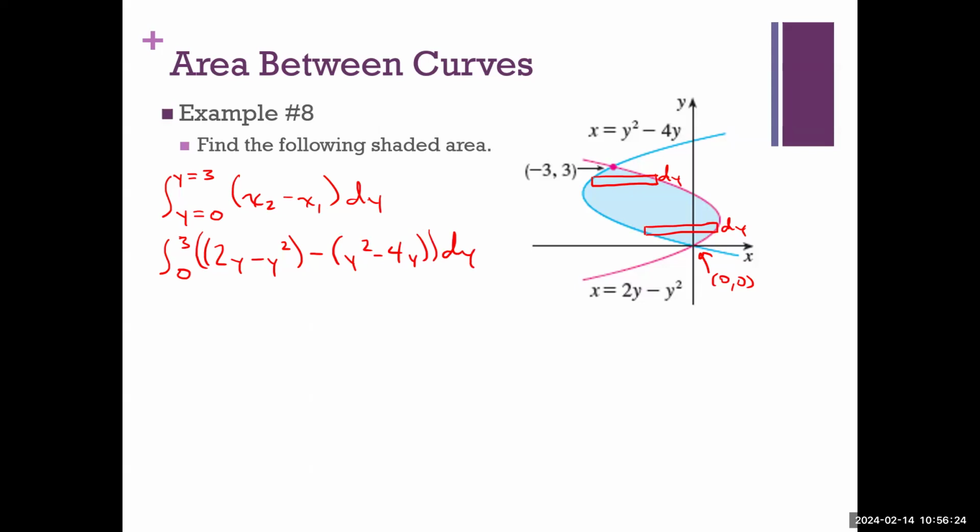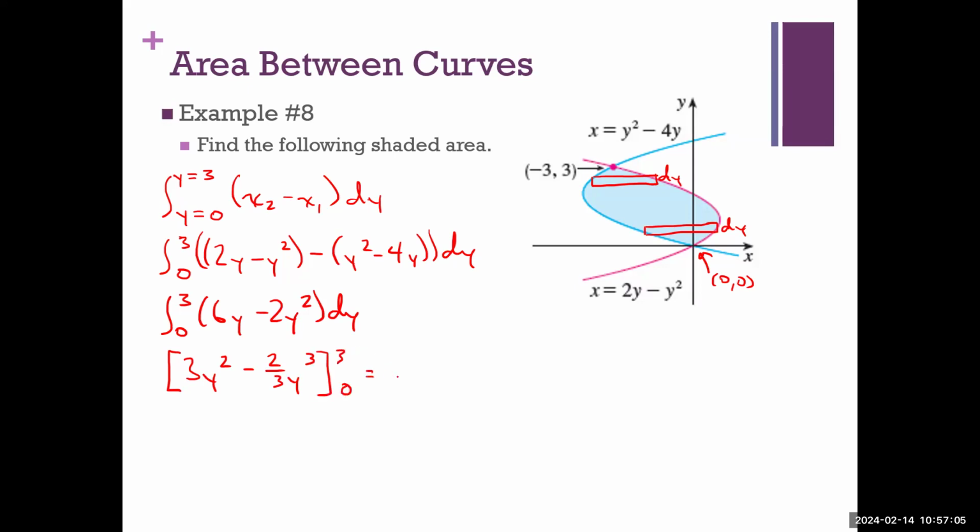Questions? All right, what now? We can do some simplifying. And what do I get? 6y minus 2y squared. All right, what's the antiderivative of these things? 3y squared minus 2/3 y cubed.